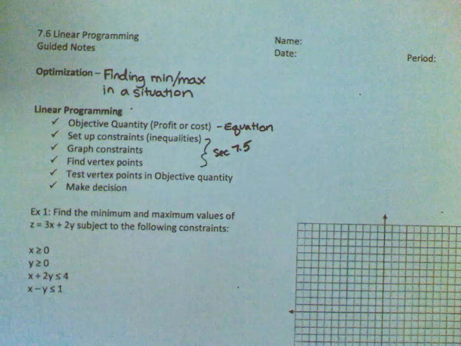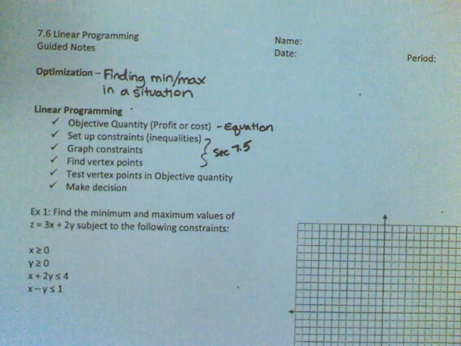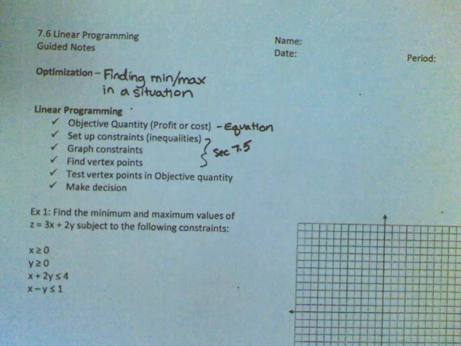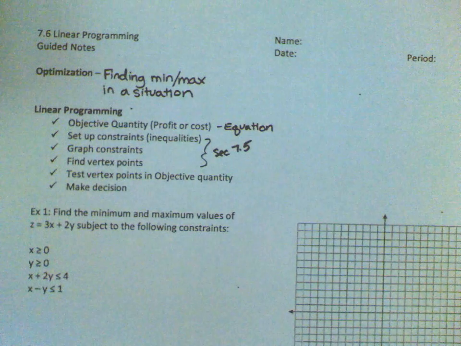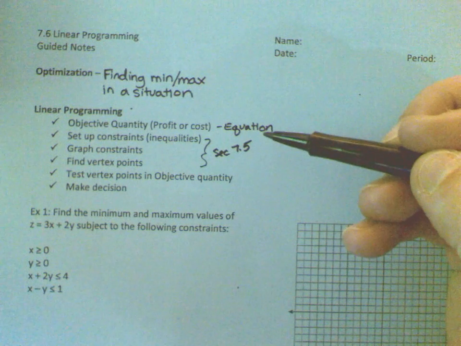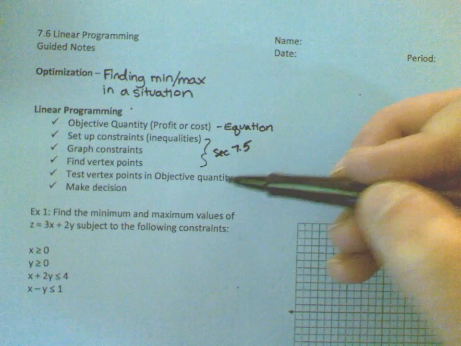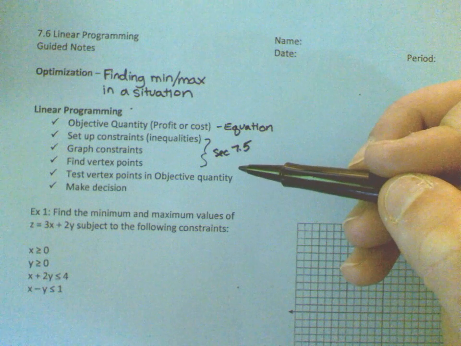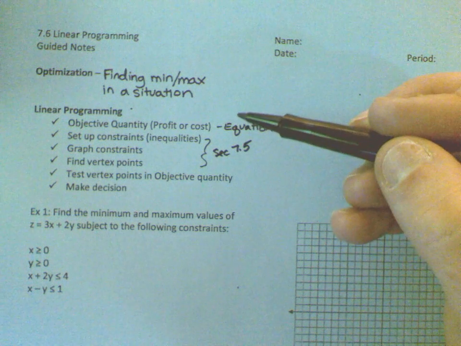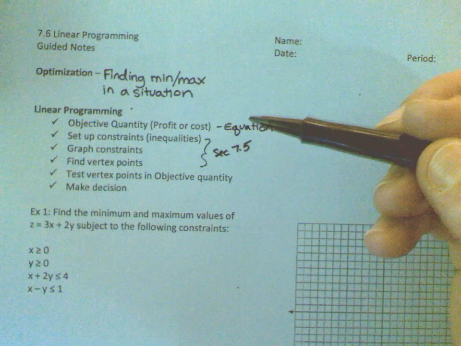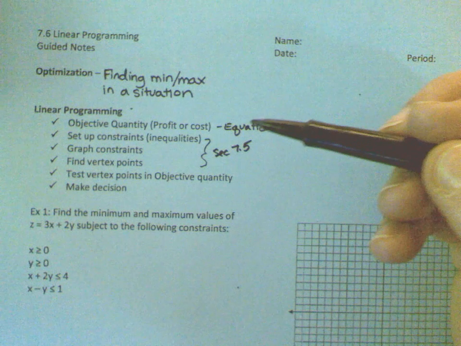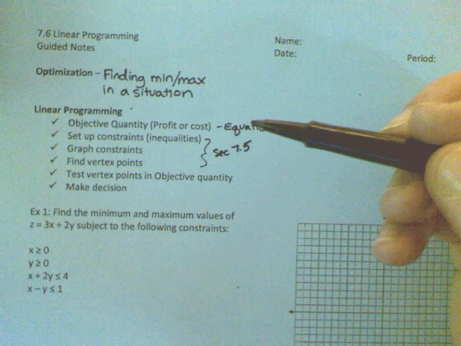Now, the vertex points will be tested in your objective quantity. Remember, the objective quantity is just an equation, and you'll have XY ordered pairs for your vertex. You will plug them in, and you will just see which one produces the highest or the lowest value, and that's how you'll find minimum and maximum.